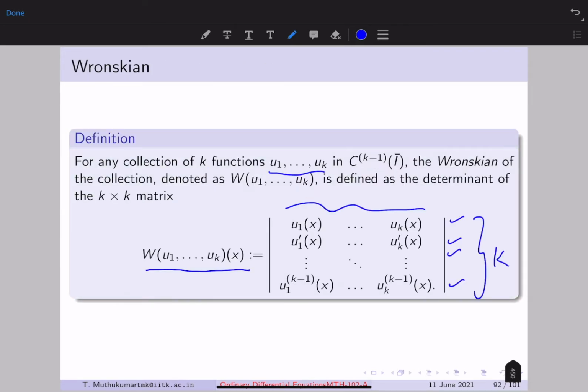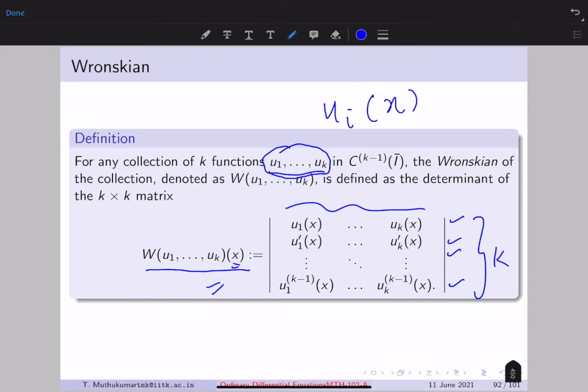So what is the Wronskian? If you have a collection of functions, then you write down this k cross k matrix, and the determinant of that matrix is the Wronskian. You notice that this Wronskian itself is a function of x, because u1, u2, uk are all functions of x.